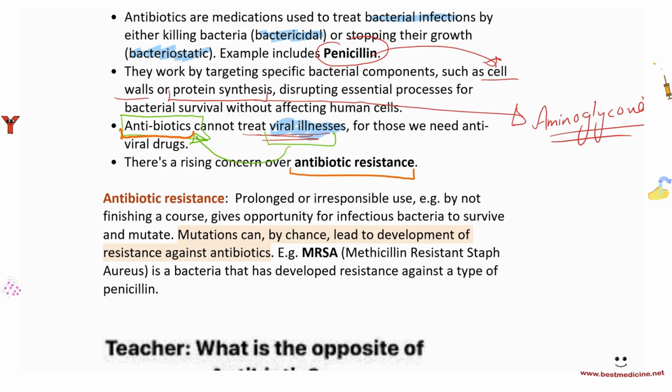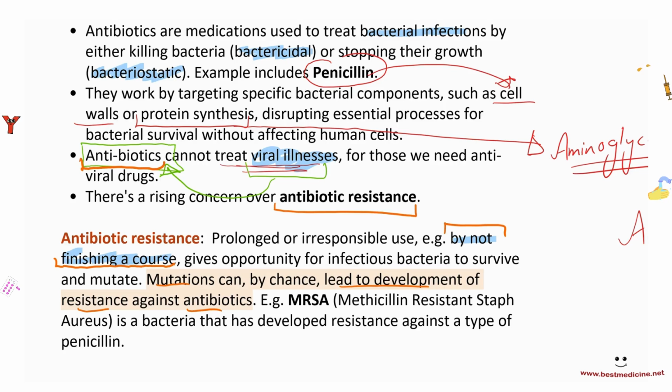So prolonged or irresponsible use, for example, by not finishing a course, gives opportunity for infectious bacteria to survive and mutate. Either you don't finish a course, or you start abusing the antibiotics for even mild illnesses. So the mutations can, by chance, lead to development of resistance against antibiotics.